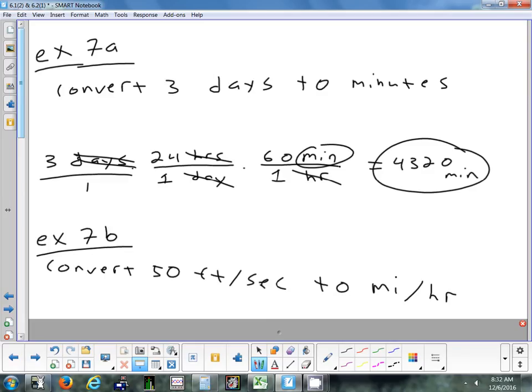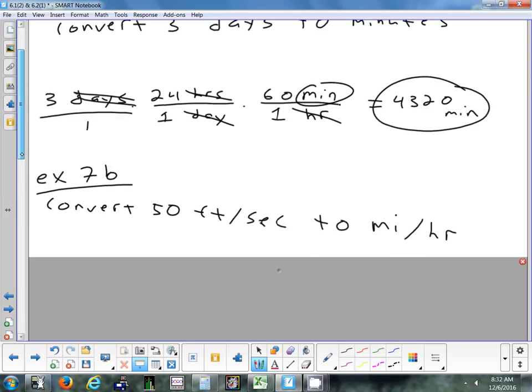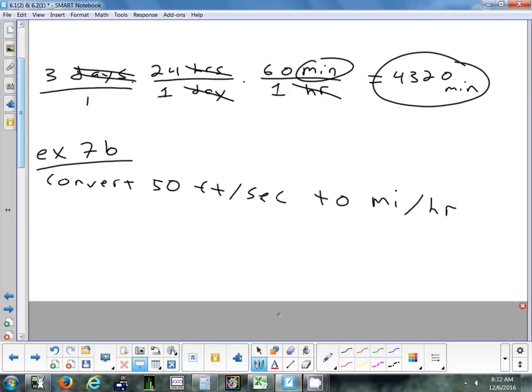Now in the next problem, that's only going to be half of what we have to do. We're going to convert a time unit, but then we're also going to convert a distance unit as well. So we'll do both. So what does this rate mean? 50 feet per second.